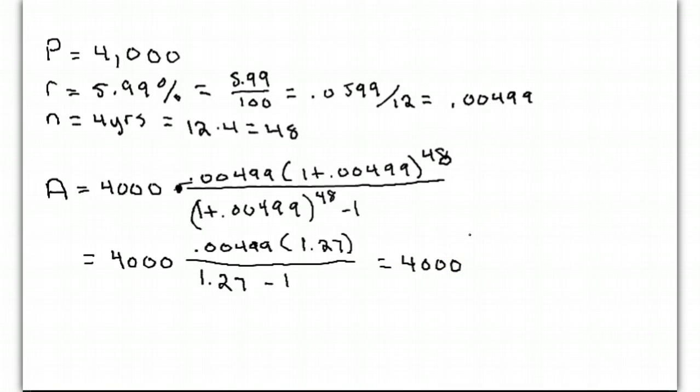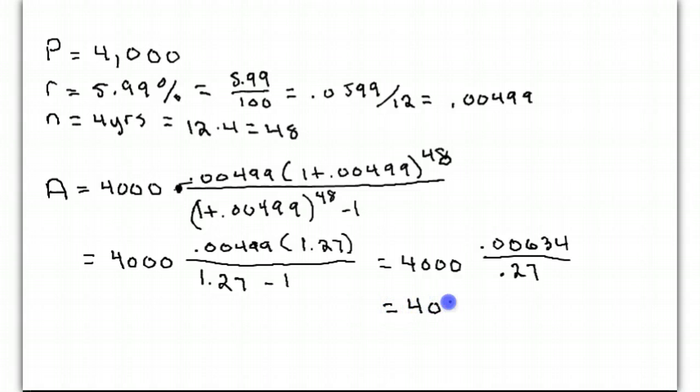And when you take 1.27 and multiply it times 0.00499, you're going to get 0.006337, which you can round to 0.00634. And that's all divided by 0.27, because when you take 1.27 and subtract 1, you would have 0.27.